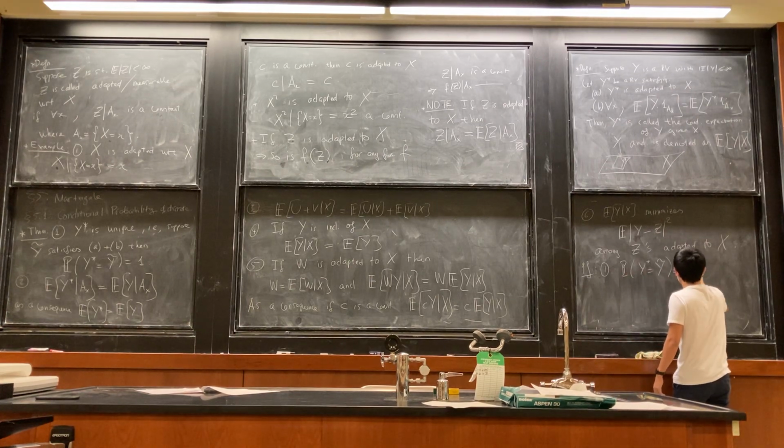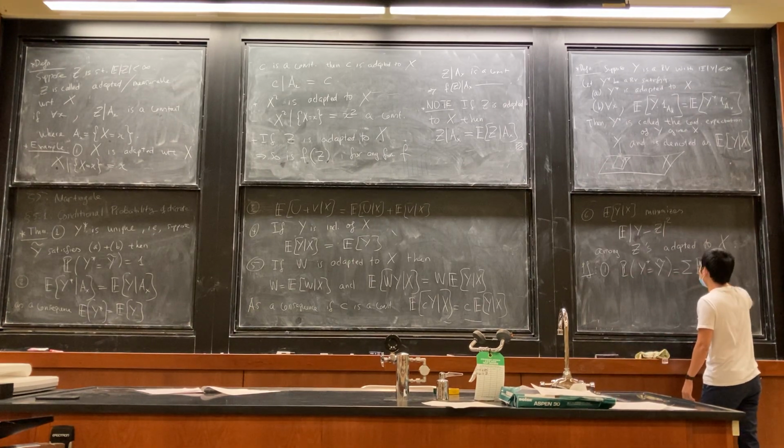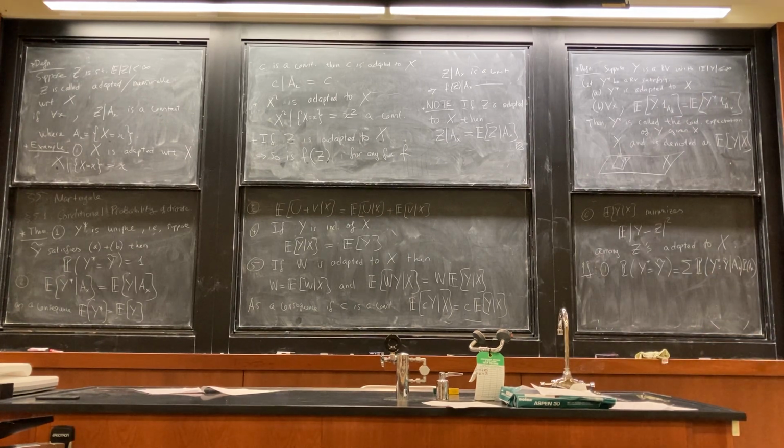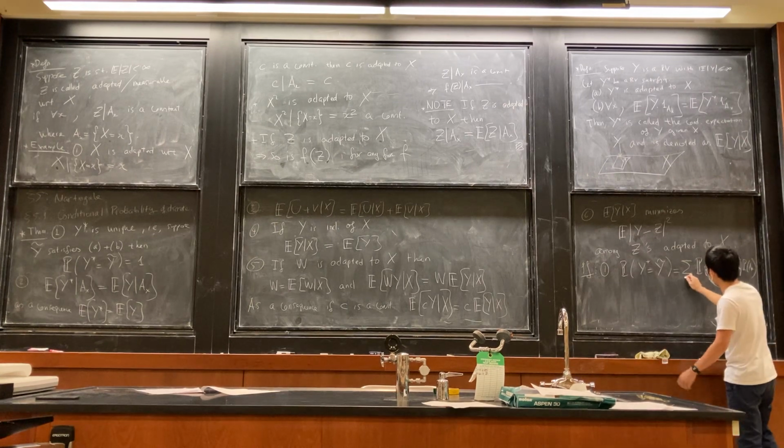This is, by the law of total probability, the summation on x of the probability of y star being y twiddle conditioned on x, times the probability of x.